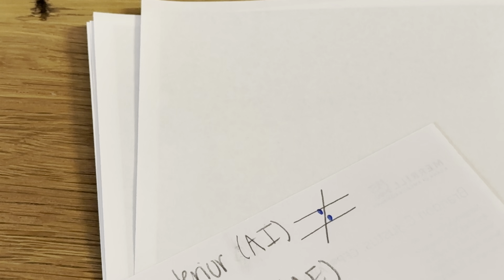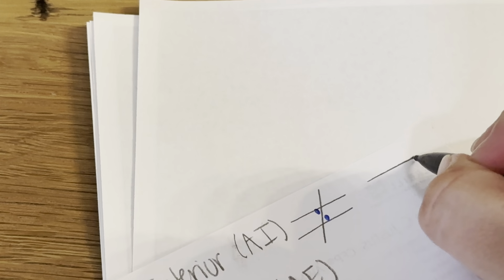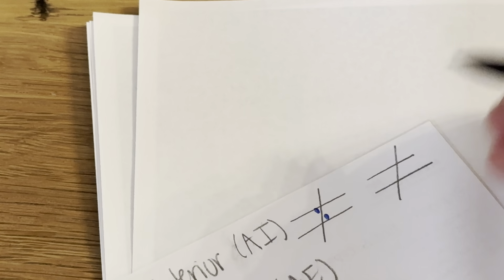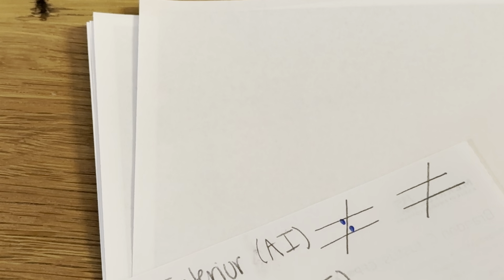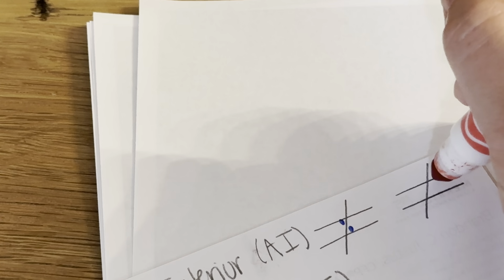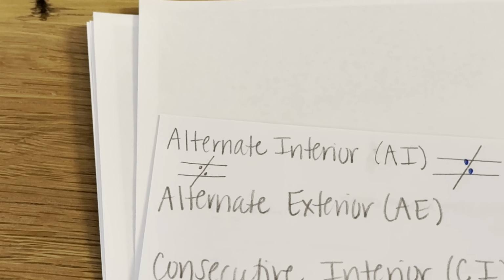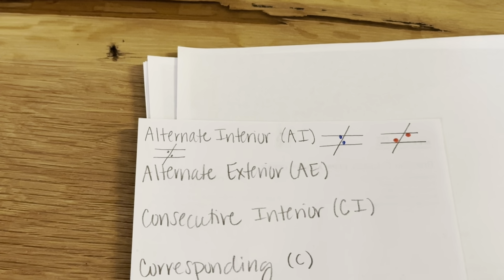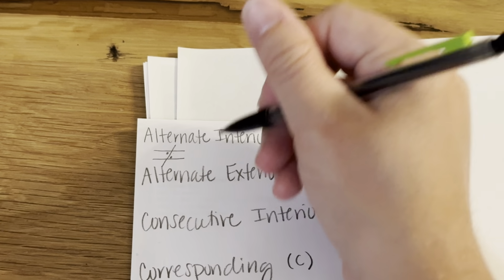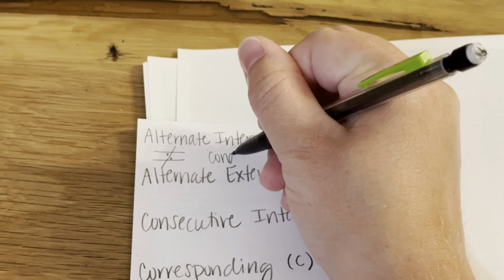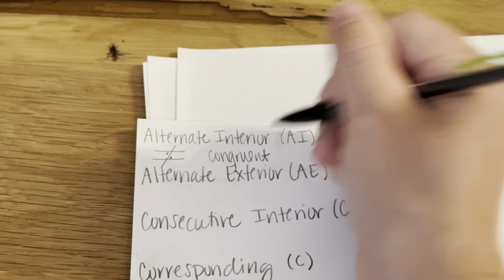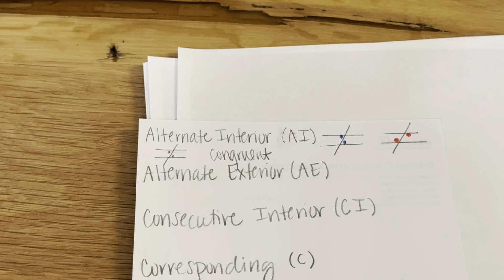You also have another pair of alternate interior angles, and it would be this one and this one. Your alternate interior angles are congruent, always, if your lines are parallel. So alternate interior angles are congruent, assuming that your lines are parallel.